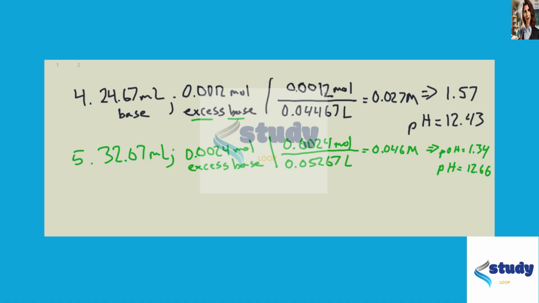So now what's left is to draw our plot. I'll go ahead and open a new page to be able to try to do this as well as I can. So we're going to look at, on the x-axis, volume of added base.